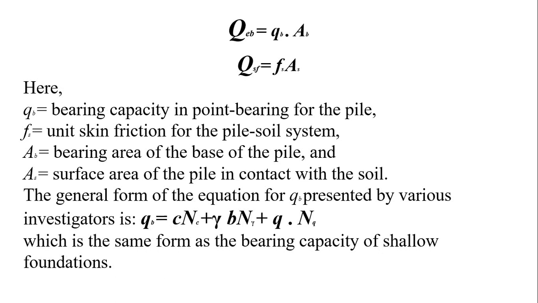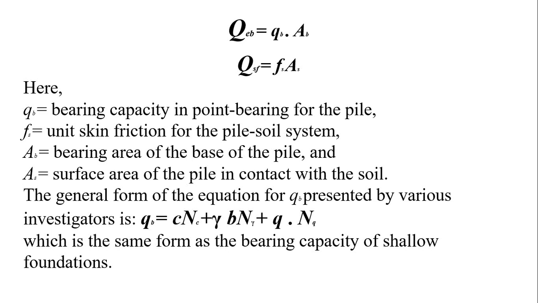Frictional resistance is calculated by F_s into A_s, where Q_B is the bearing capacity of the pile at the tip or end, F_s is the unit skin friction of the pile and soil system, A_P is the area of the pile at the base, and A_s is the surface area of the pile in contact with soil.